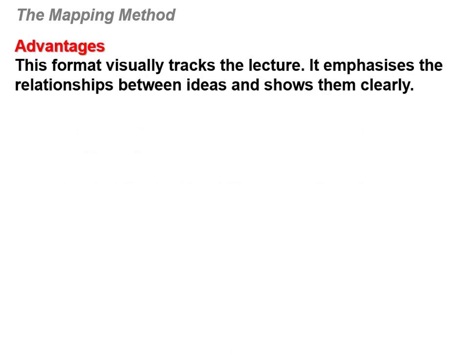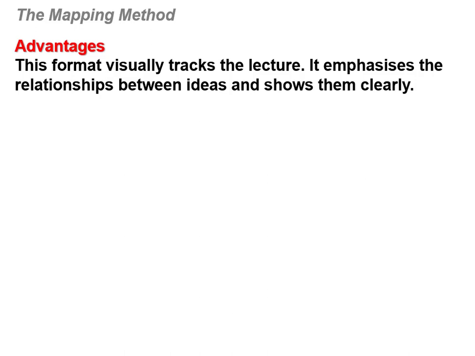Now, the advantages of this method, well, it visually tracks the lecture. So when you've got your piece of paper at the end of the lecture, what you will have is the theme of the lecture, and then lots of ideas in little boxes, if you like, with arrows pointing to them, and out of some boxes you'll have different boxes coming out of there.